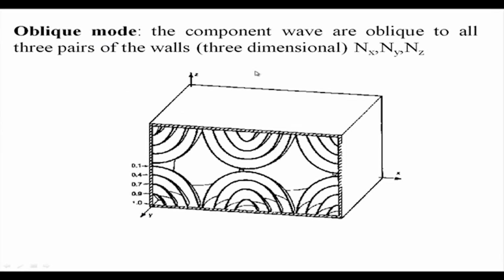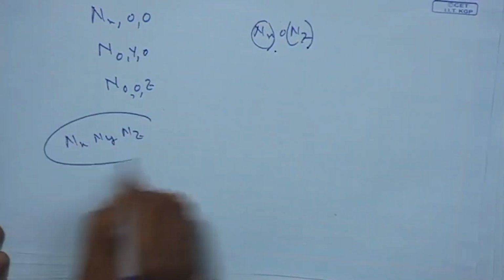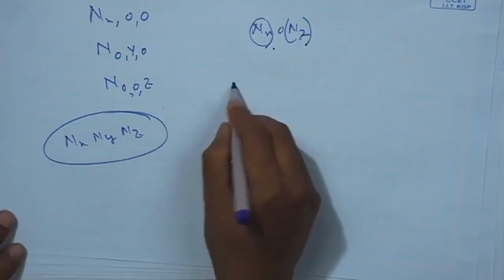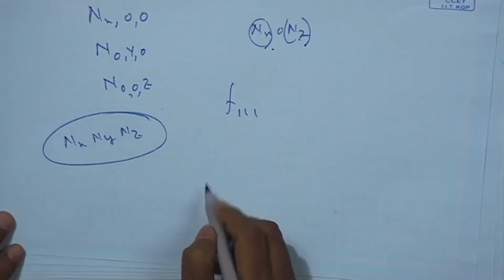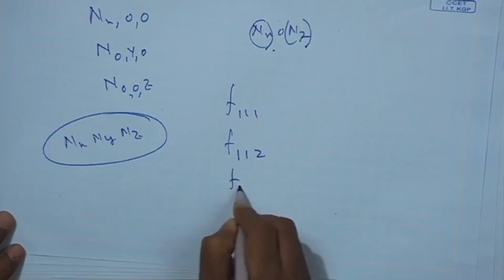Then there is the oblique mode. The component waves are oblique to all three pairs of surfaces, that is x, y, z, so n x, n y and n z. Three modes exist. So, that is f 1 1 1 first mode, f 1 1 2, maybe f 2 1 1.